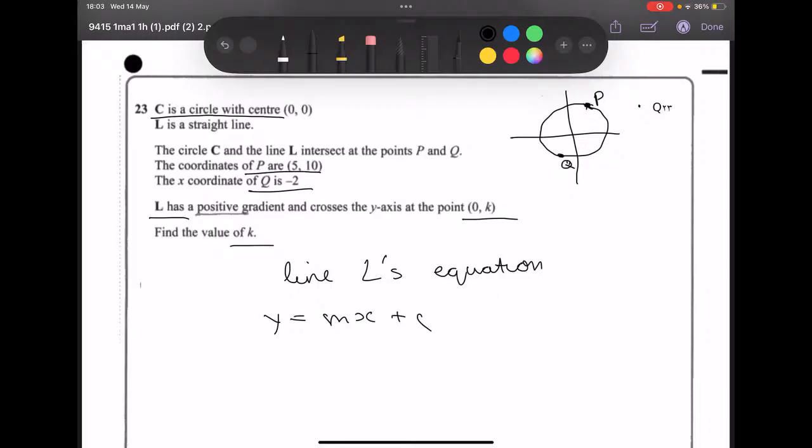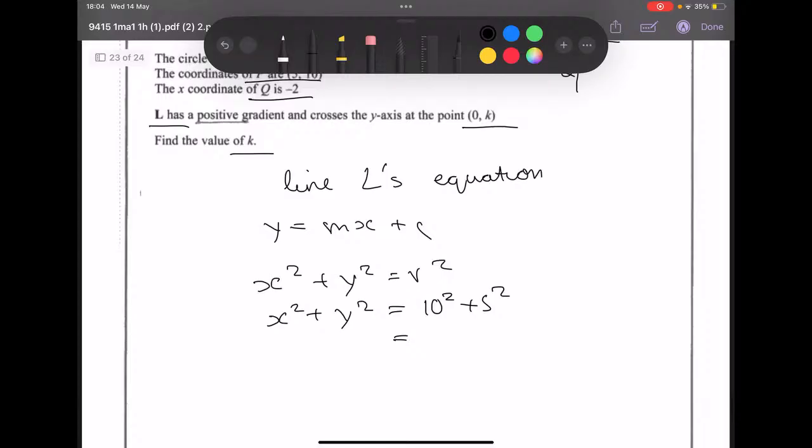Now, as we know, the equation of the circle is x squared plus y squared equals r squared. Here it's x squared plus y squared equals, in this case it would be 10 squared plus 5 squared from question 1. Therefore that would equal x squared plus y squared equals 125.